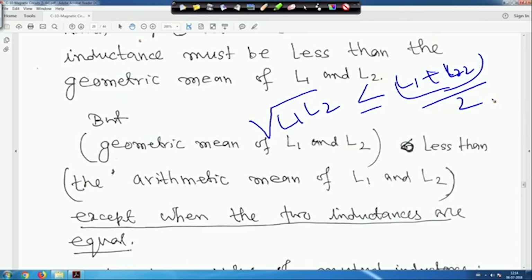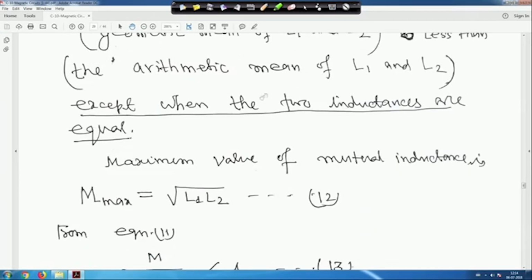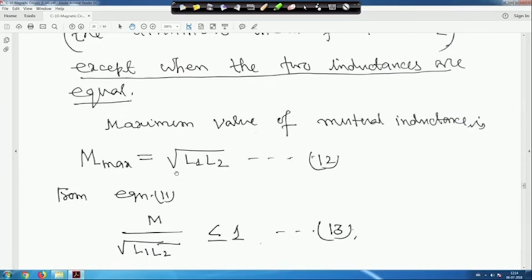It will be equal only when L1 is equal to L2, otherwise it is less than. Therefore, the maximum value of mutual inductance can be taken as m max equal to root over L1 L2, but not (L1 plus L2) by 2.